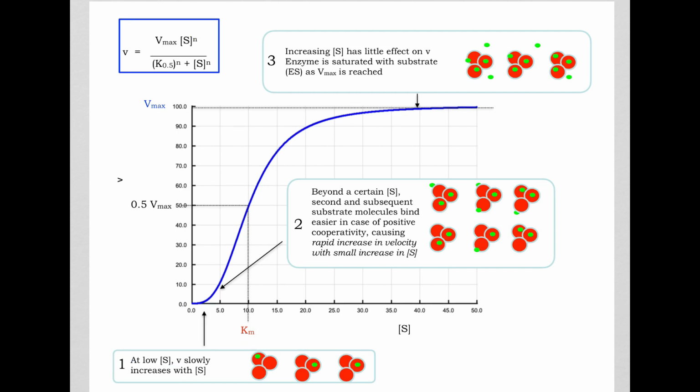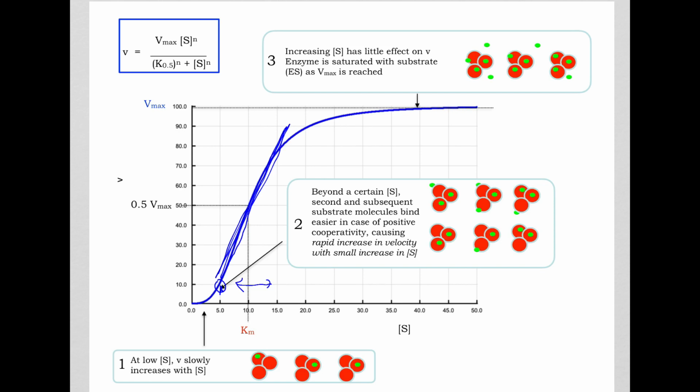However, unlike the hyperbolic curve, these enzymes that show sigmoidal kinetics show a very interesting phenomenon at a certain substrate concentration. So in this case, you can see when the substrate concentration reaches around 5 or so, the velocity suddenly shoots up real fast, with a slight increase in substrate concentration.